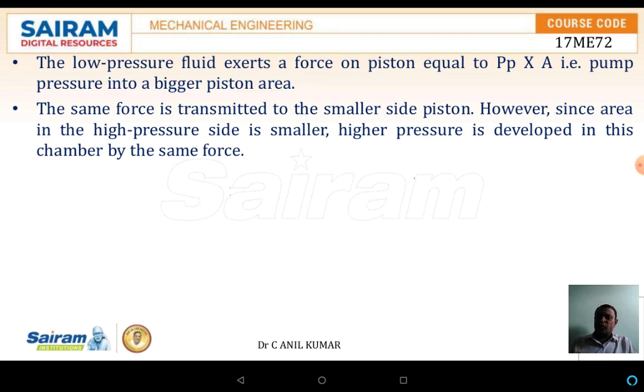The low pressure fluid exerts a force on the piston equal to the pump pressure, P_p, times the bigger piston area, A. The same force is transmitted to the smaller side of the piston. However, since the area is smaller, a higher pressure is developed in this chamber by the same force.